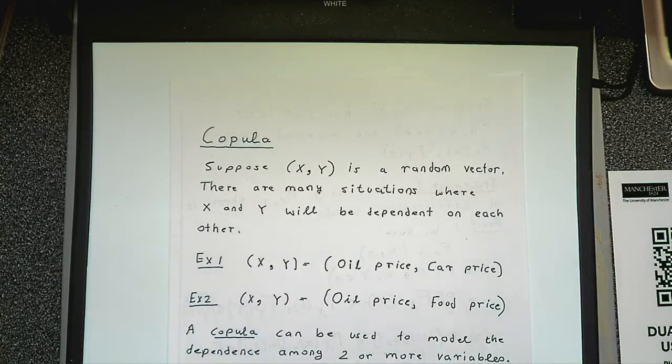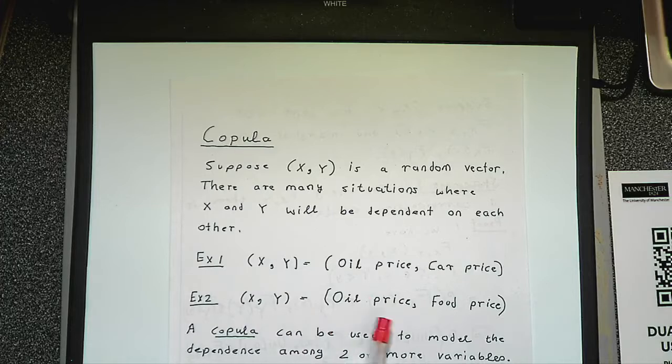For example, if X is oil price and Y is car price, clearly they are dependent variables. If X is oil price and Y is food price, again they are dependent random variables. So a copula is used to model the dependence between two or more random variables.